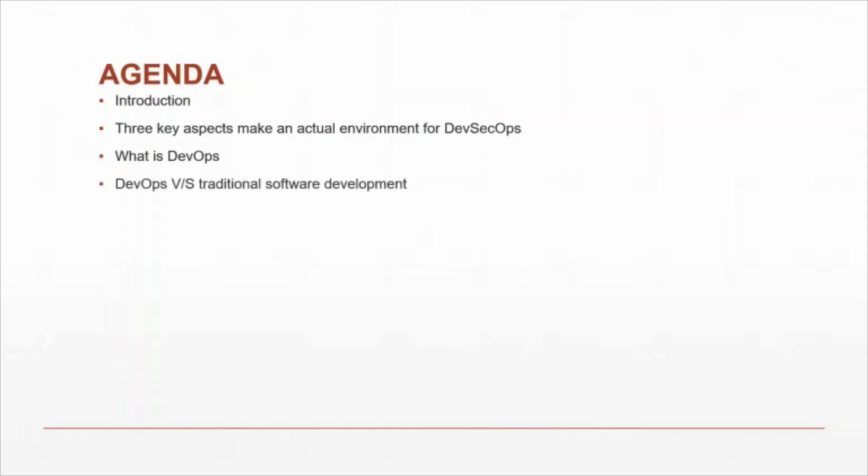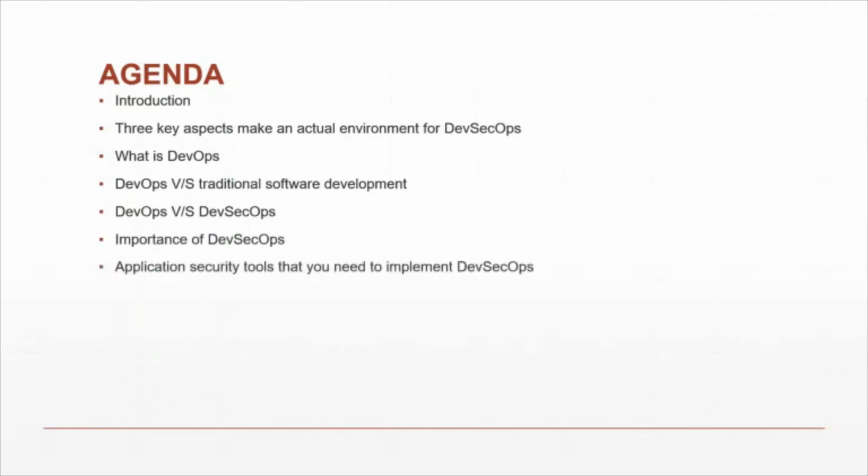So today's agenda is: I am going to talk about an introduction to DevSecOps and the three key aspects that make an actual environment for DevSecOps, and what is DevOps. DevOps with traditional software development. DevOps with DevSecOps. Importance of DevSecOps.